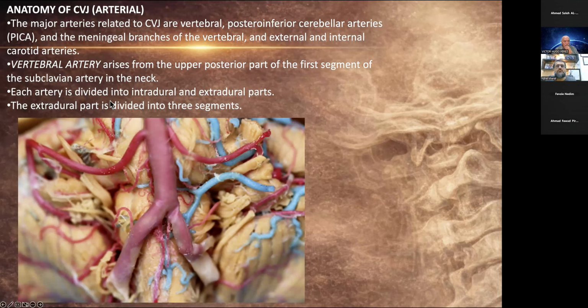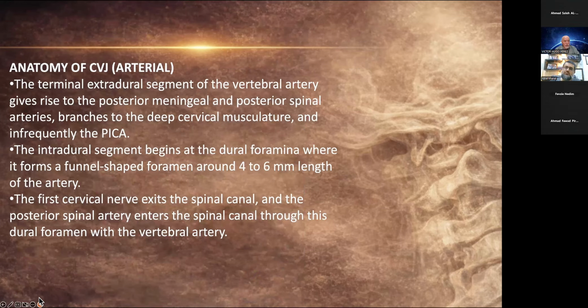Each artery is divided into intradural and extradural parts. The extradural part is divided into 3 segments. Here we have a picture of this region. The terminal extradural segment of the vertebral artery gives rise to the posterior meningeal and posterior spinal arteries, branches to the deep cervical musculature, and infrequently the PICA.